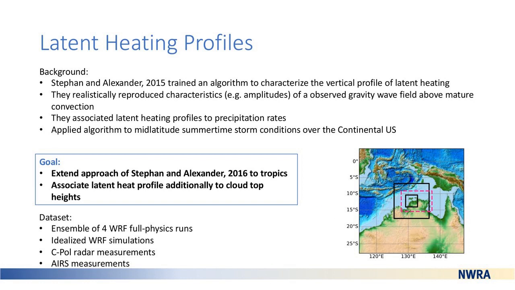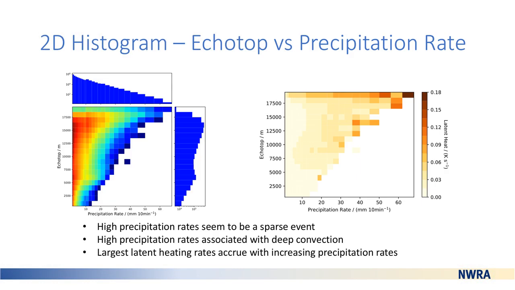And fresh from my training program, I want to show you a couple of slides. The first are histograms based on the full physics WRF simulations. On the left-hand side, the y-axis shows the echo top and the x-axis the precipitation rate.